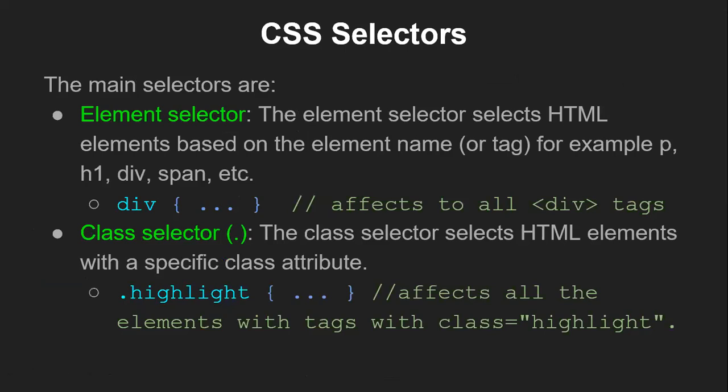Now, we have a lot of selectors, but these are the main selectors, which are the element selector. With the element selector, we select either the div, the span, the p, the h1 tag, etc. And you can also use the class selector to select elements in your web page by using the dot followed by the class name.